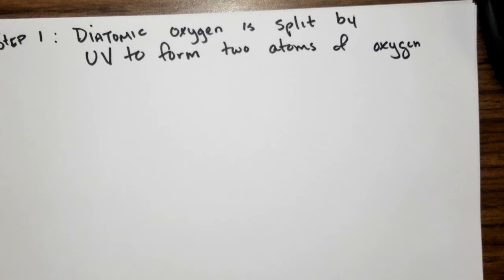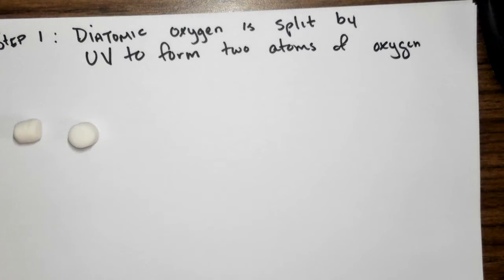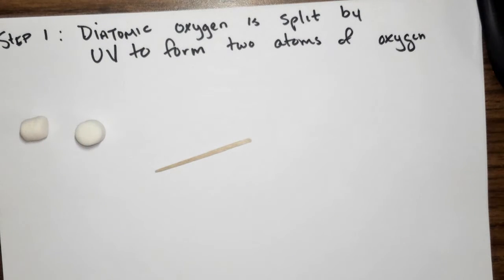Okay, so step 1. So what I want us to do is, I think the white marshmallows are best for this. Okay, so I'm going to make a diatomic oxygen, and I've got a toothpick there, and that could be my bond.